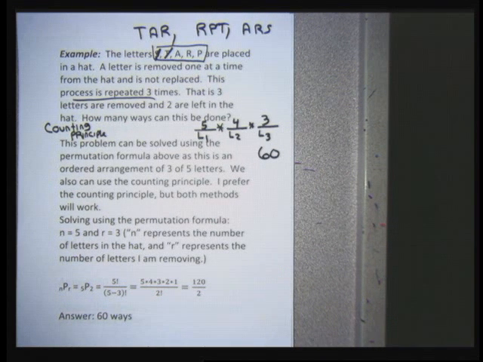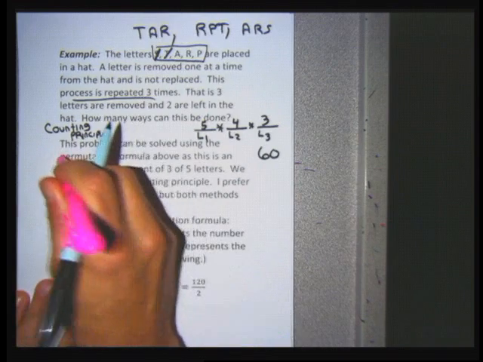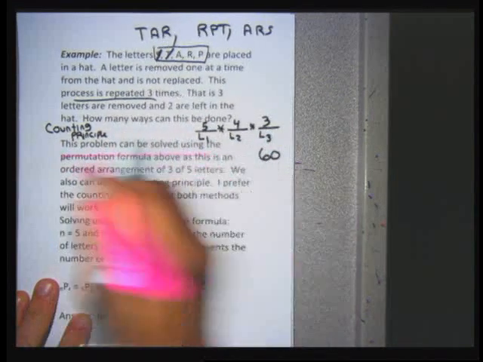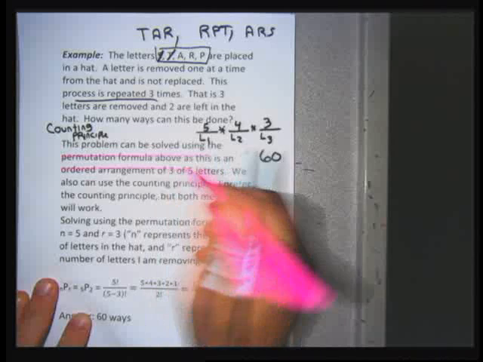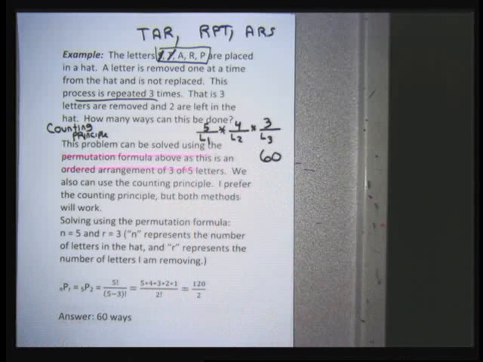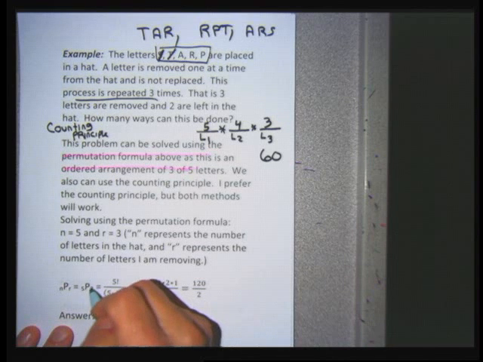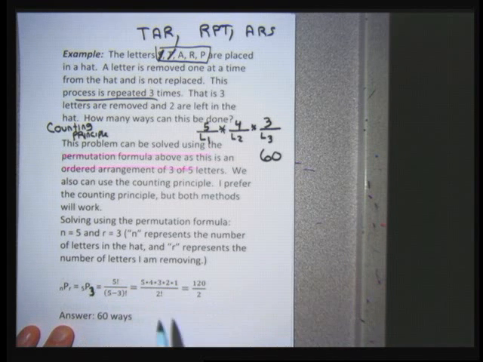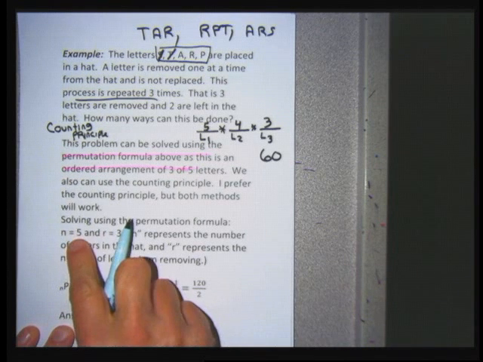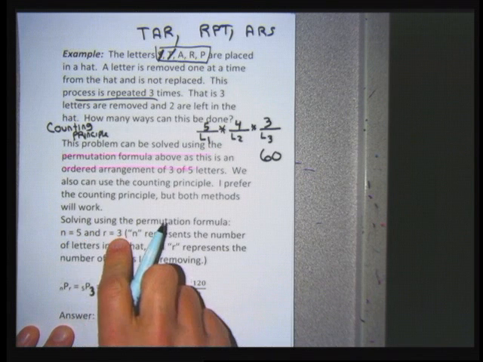This can also be done as a permutation problem, because it's an ordered arrangement of items from one set. And in this problem, in terms of a permutation problem, I'm picking 3 of the 5 letters. So I'm not picking 5 of the 5 letters. So for the permutation formula, it should be a permutation of 5 letters taken 3 at a time, or in groups of 3.